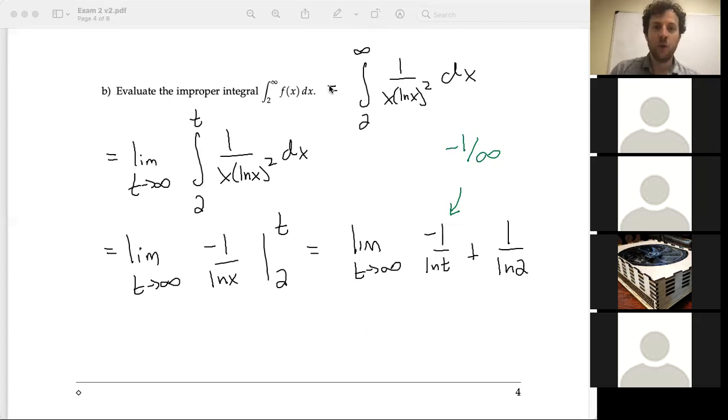That kind of form, where the top is fixed and the bottom is going infinite, means that this expression is going to 0. So this is 0 plus 1 over the natural log of 2, which means that this converges to 1 over the natural log of 2. If you want to throw that in a calculator, you can, but this is the exact answer.